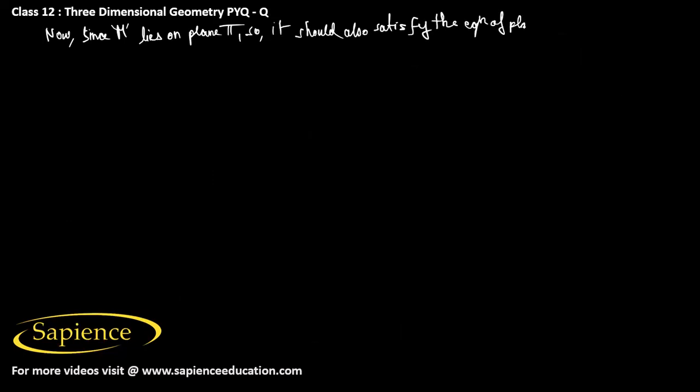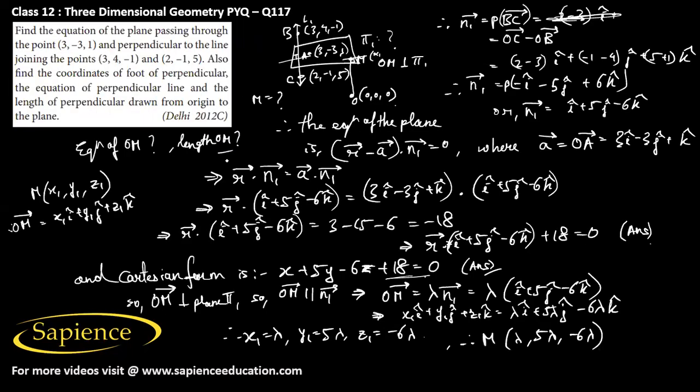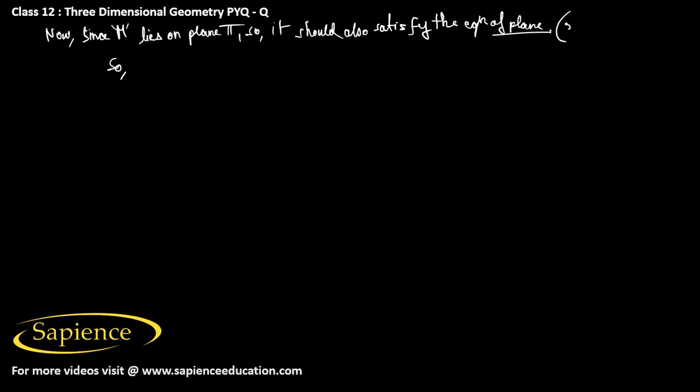So the equation of the plane is x plus 5y minus 6z plus 18 equals 0.